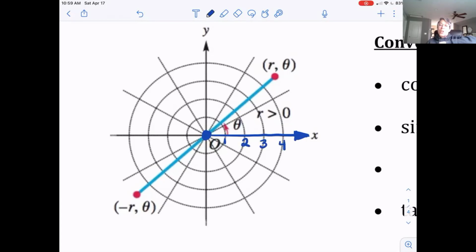So we can just go along the circle of that angle and count what's the distance from that theta. Now you may notice here that we have a theta with a positive r, and that gives us the point towards that terminal side of that angle within that direction.